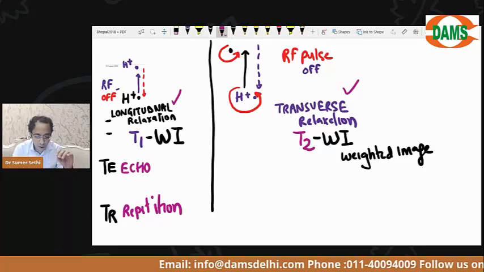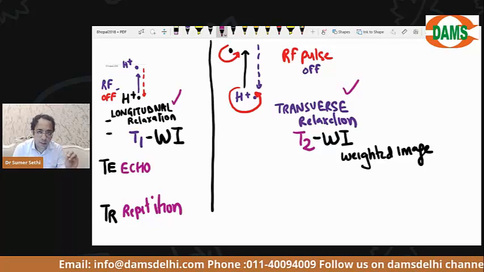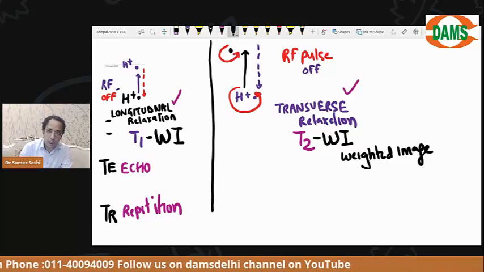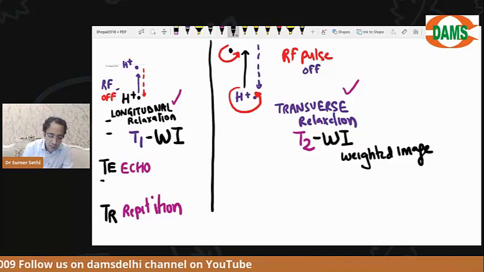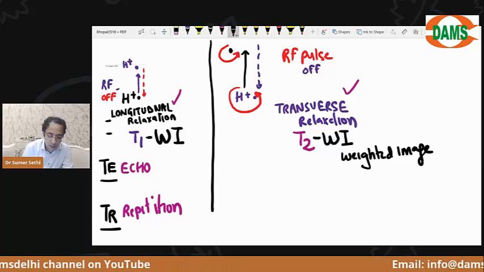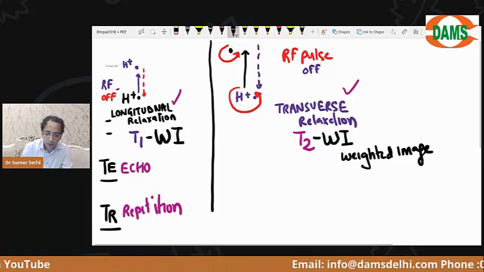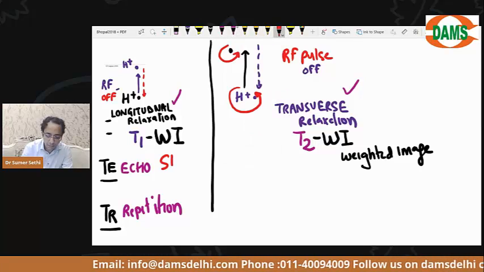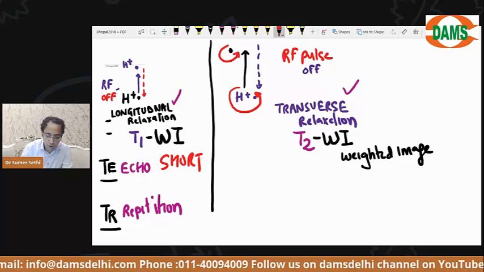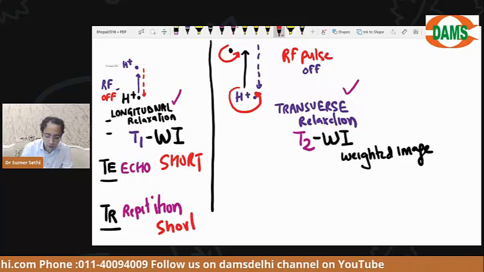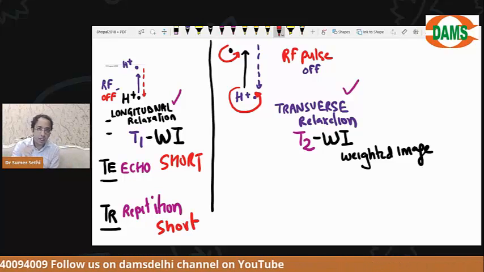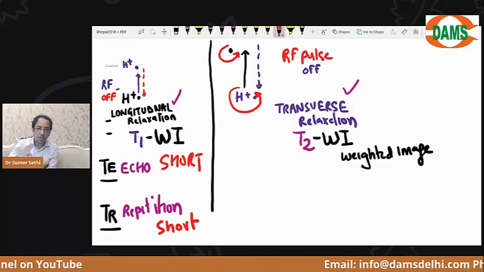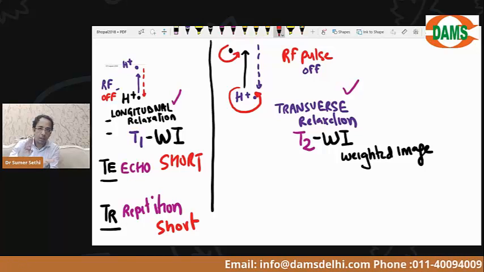A radio frequency pulse that we apply in an MRI machine is defined by two parameters: TE, which is echo time, and TR, which is repetition time. If we have a short TE and short TR, that means you are rapidly applying short duration RF pulses on the human body, like this: tick, tick, tick.